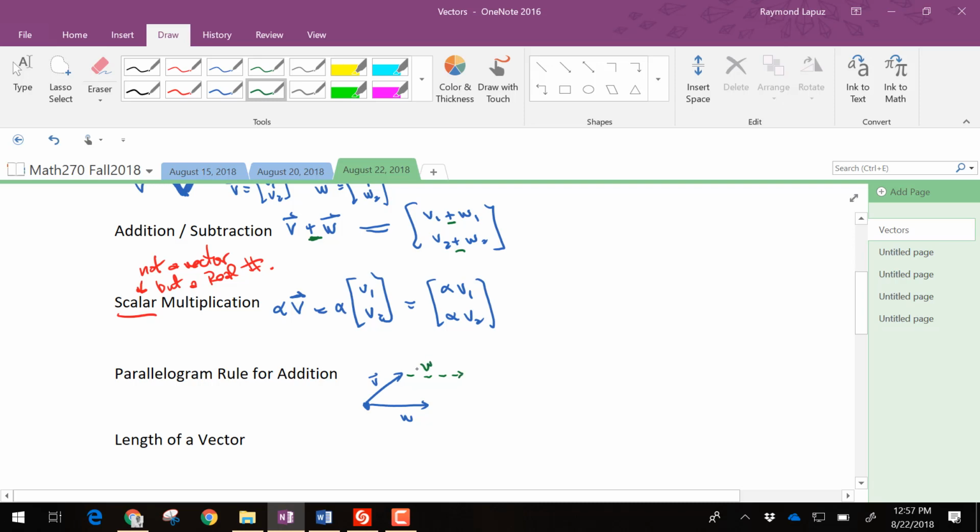Vectors, by the way, are line segments, essentially arrows with direction and magnitude, but the position of where they are in space doesn't matter.